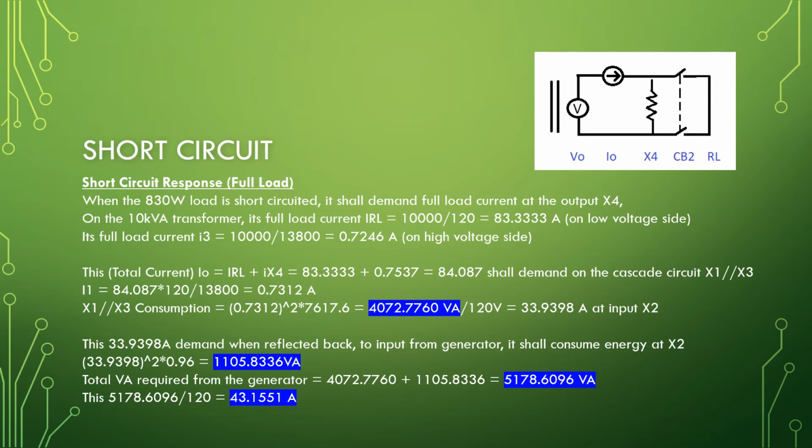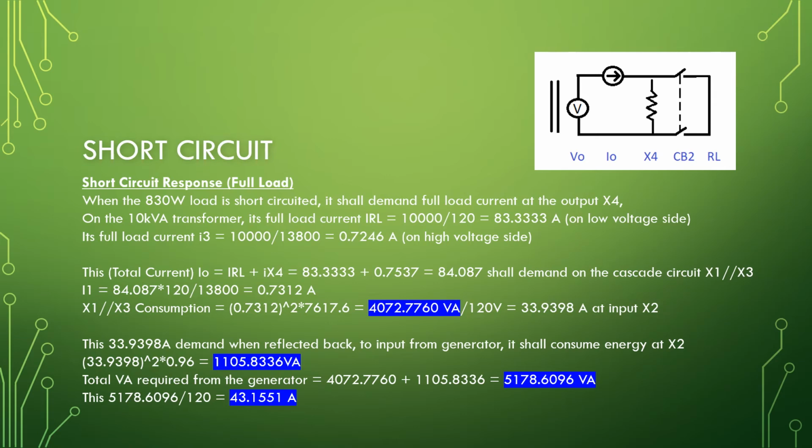Its full load current I3 equal to 10,000 VA divided by 13,800 volt equal to 0.7246 ampere on the high voltage side.